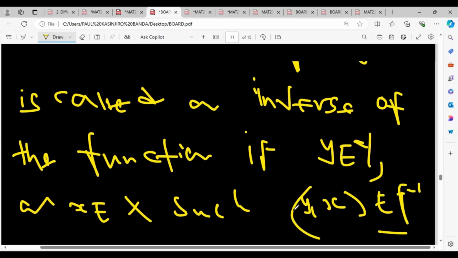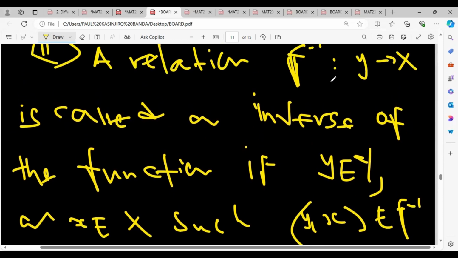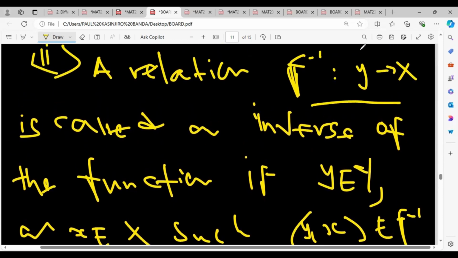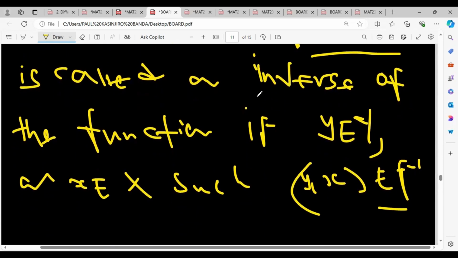So a relation where you have Y being mapped to X is called an inverse of the function if for every Y in Y there exists an X in X such that the coordinate is a member of the inverse function.